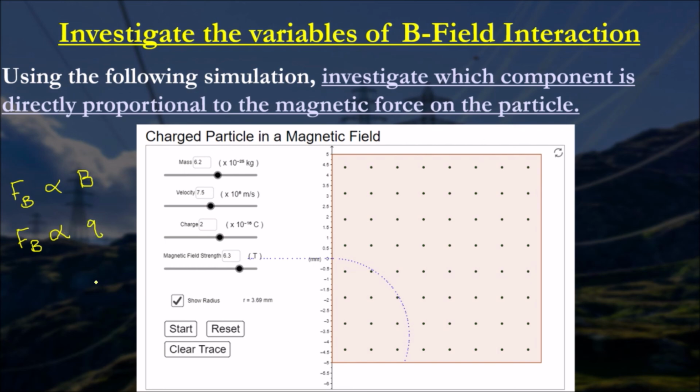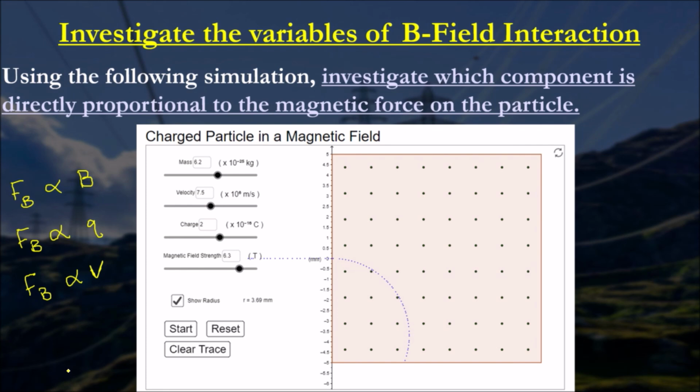And we already talked about previously, if the charge is not moving, then there is no magnetic force placed onto it. So the velocity of the charge also is directly proportional to the amount of force that will be used to keep it moving, like so in the magnetic field.